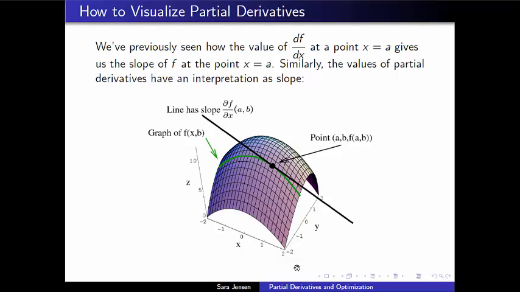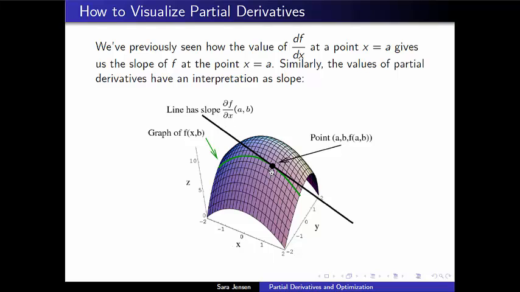So if we go even further, fixing a specific value for y, and then plugging in a specific value for x, what we'll obtain is a single point right here on the function, and the value of the partial derivative of the function f with respect to x, evaluated at that specific point, is the way that the function is changing in the x direction at that particular point.